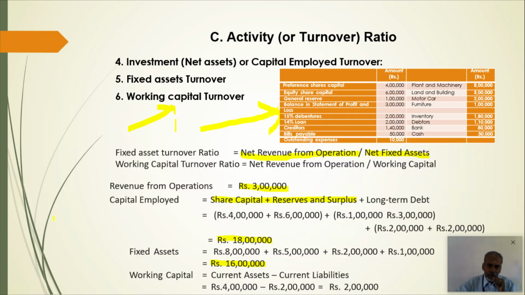So here when you subtract current liabilities from current assets, you get net working capital, right? There are more turnover ratios. I have taken basic important ratios to give you an idea about how ratios work. And as said by me, these ratios vary from industry to industry.